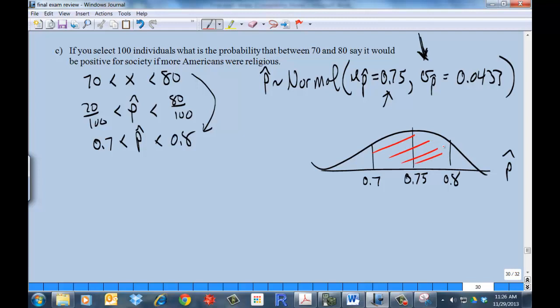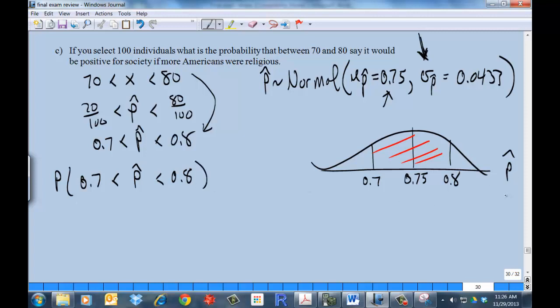Okay, and the probability in between there is what we're really looking for. So we say, what is the probability that p hat is greater than 70% but less than 80%? So you know what's coming next.